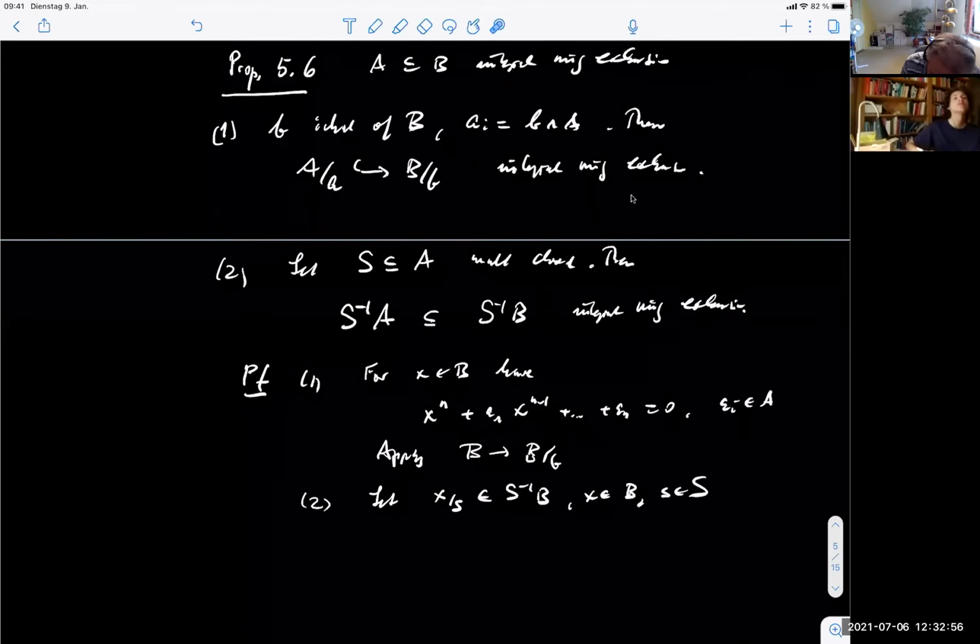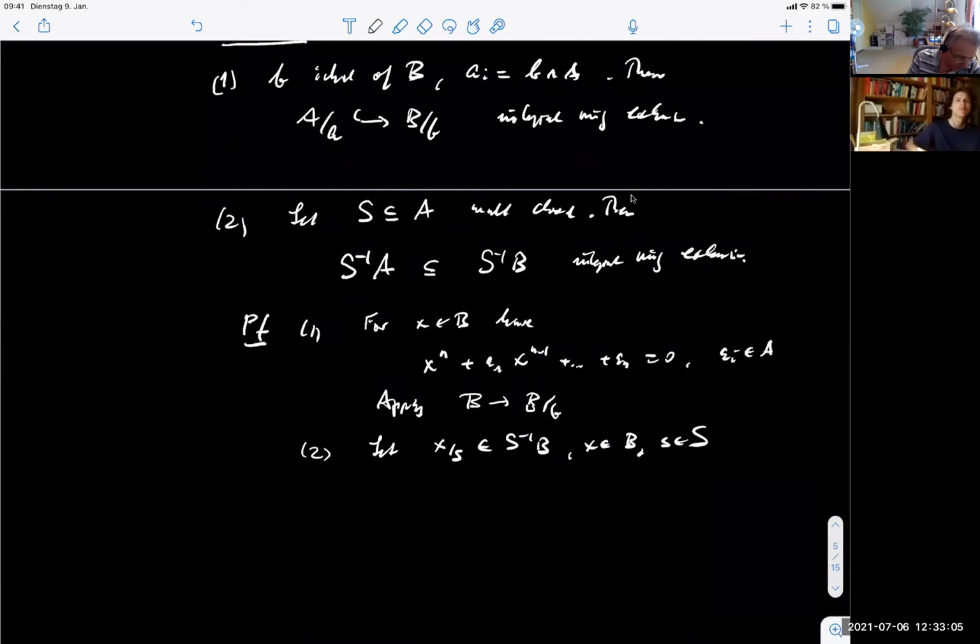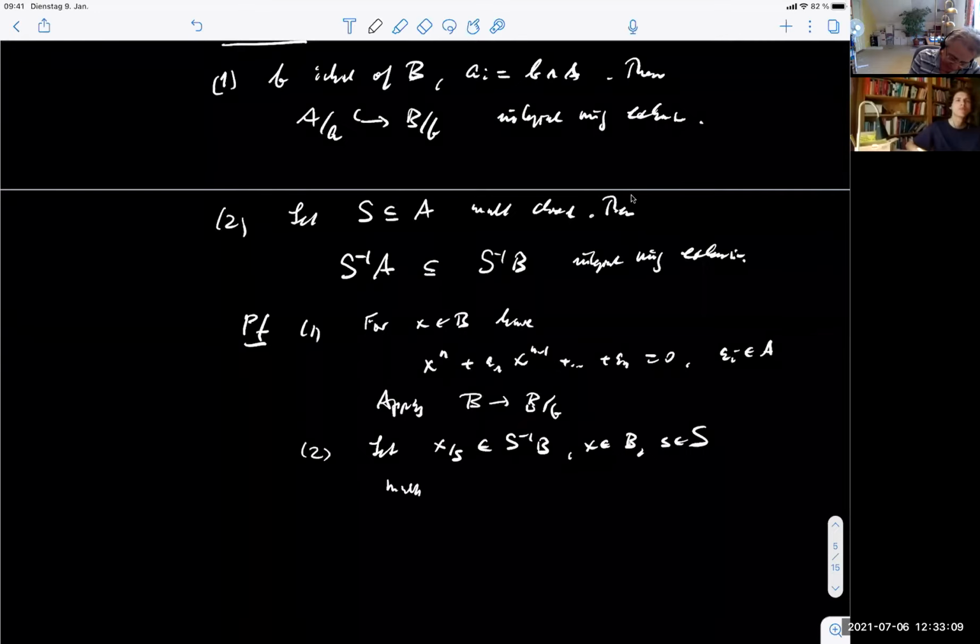But I want to have an equation for x divided by s. So I just take this equation, star, and multiply by s to the minus n.